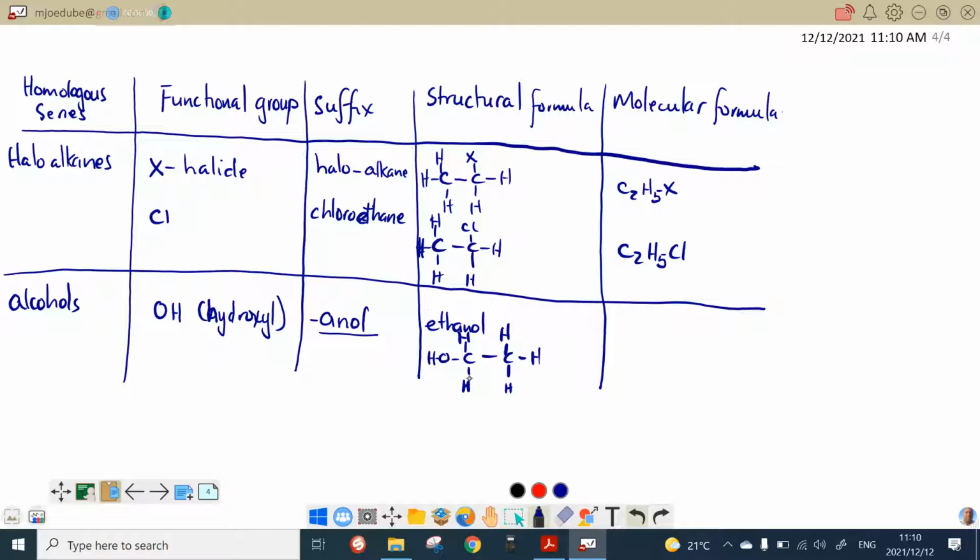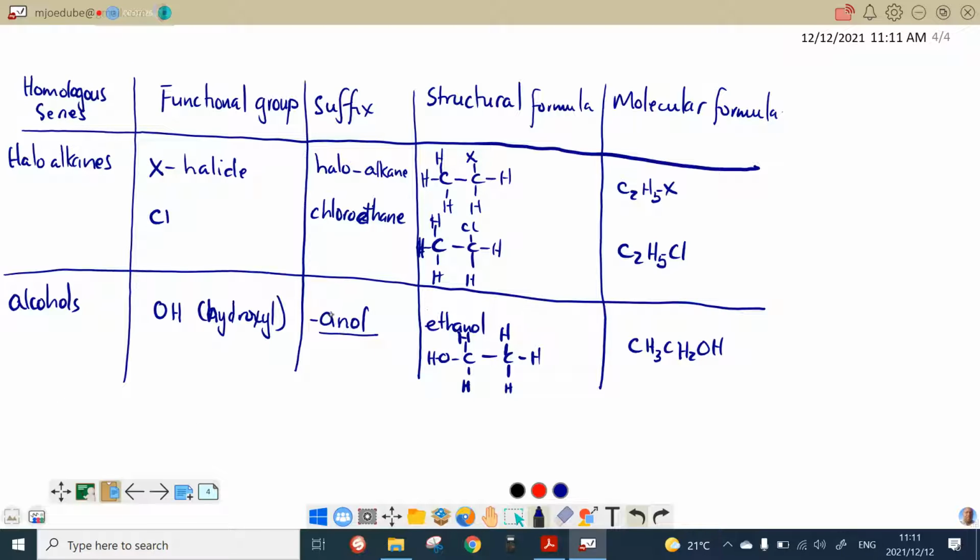So this is going to be 1-ethanol or ethan-1-ol. And this is going to look like CH2OH, or easier still, just write it CH3, CH2, and then OH.